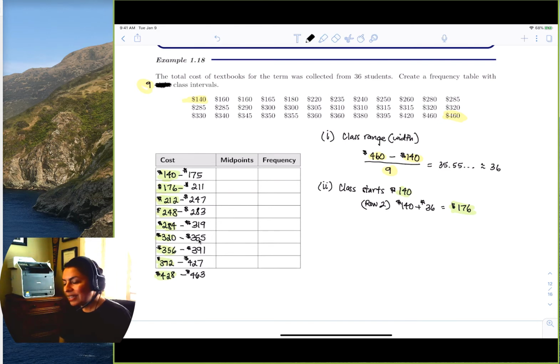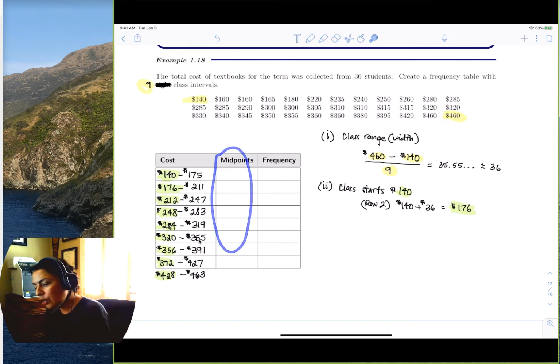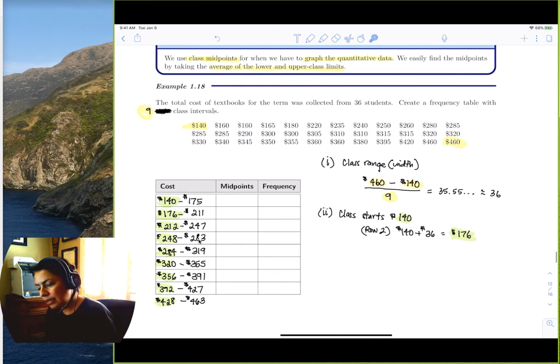Okay, so now the next column states that we need to find midpoints. So midpoints were described to us in the note that said that they are the average of the lower and upper class limit. So when we do the midpoints, let's just take the first row, which would be 140 and 175, and we would add those together.